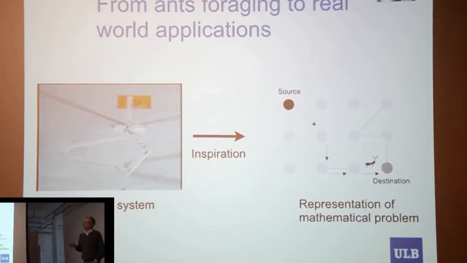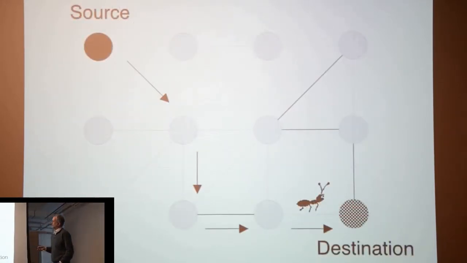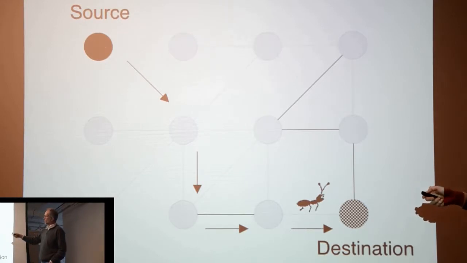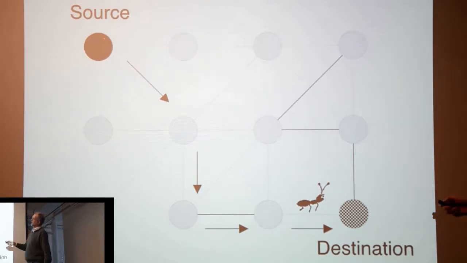So the idea was to use artificial ants and place them randomly on this graph. An artificial ant can move or jump from one node to another using artificial pheromones.